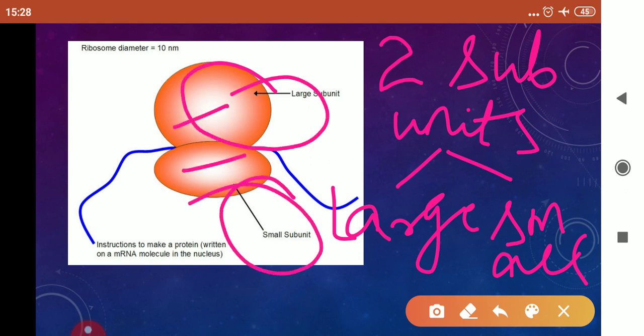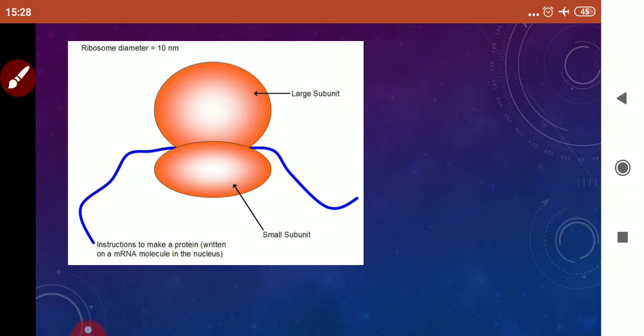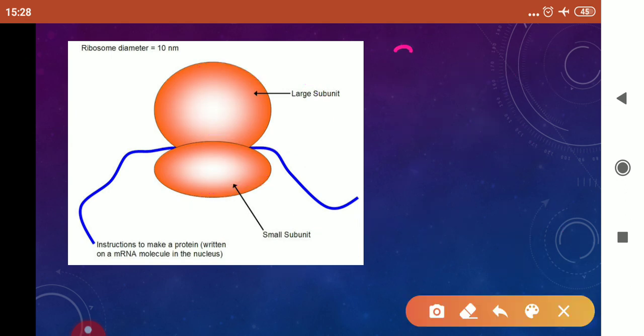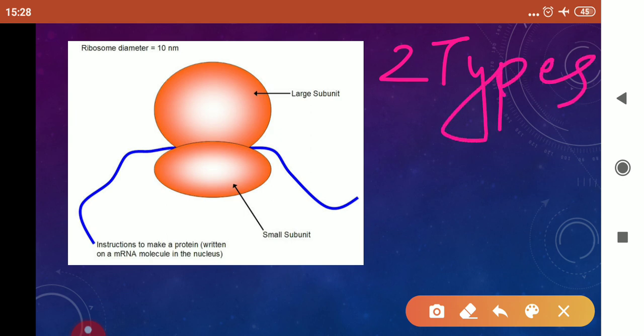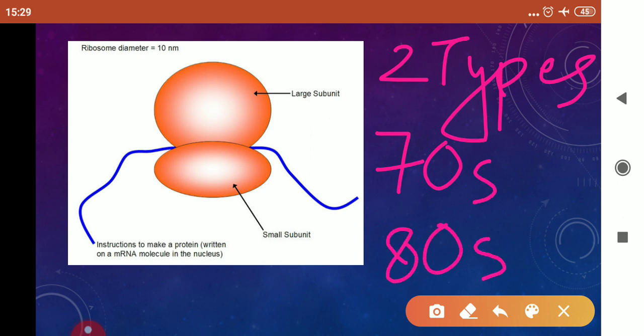Now also there are two types of ribosomes. The two types of ribosomes are 70S ribosome and 80S ribosome. This 70S ribosome is present in prokaryotic cell like bacterial cell.